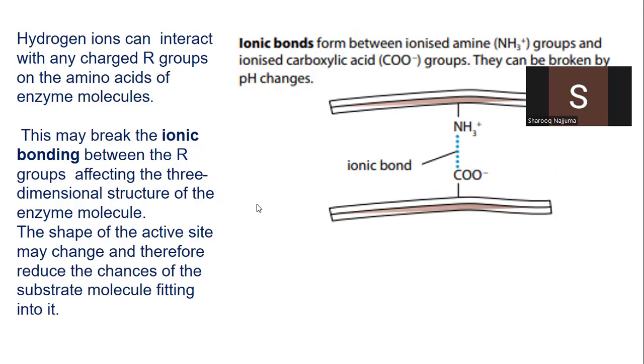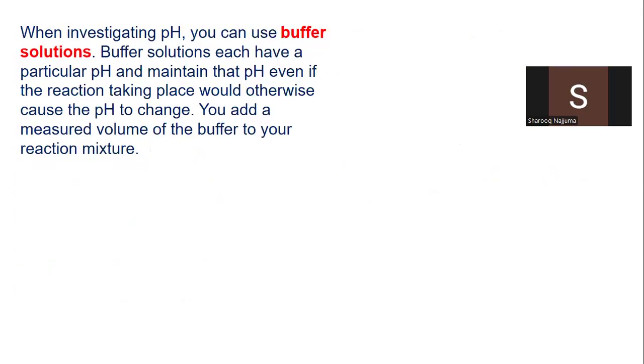So it is always essential that enzymes are provided with their optimum pH. And usually in the lab, if you want to provide different pH values, we use what we call buffer solutions.